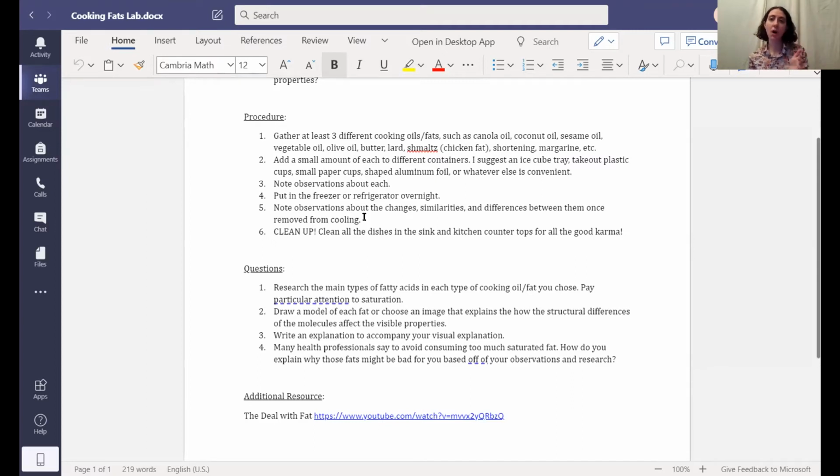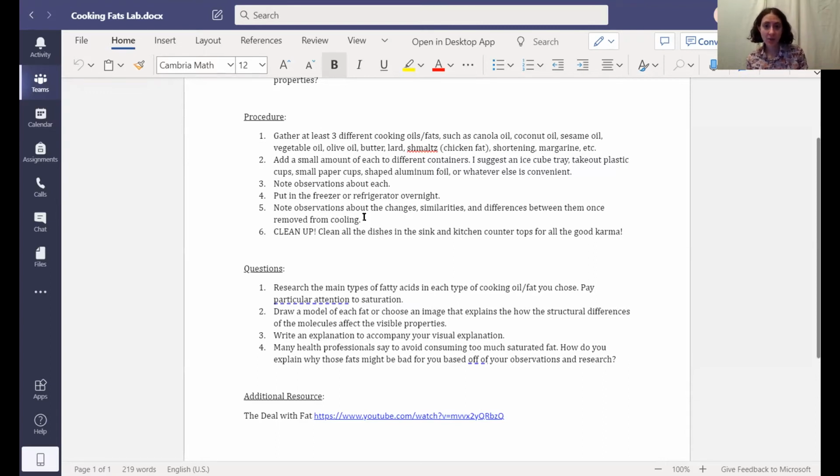I want you to draw your own model or select one of those pictures to show. Also use those pictures and written explanations for how the structure affects the properties. It might have something to do with it getting cold. That's a hint. Something will happen when it gets cold, like freezing.